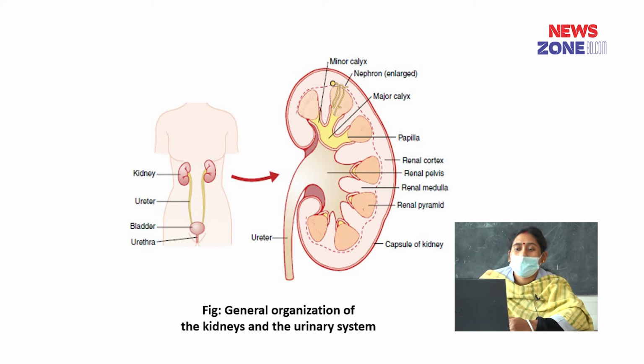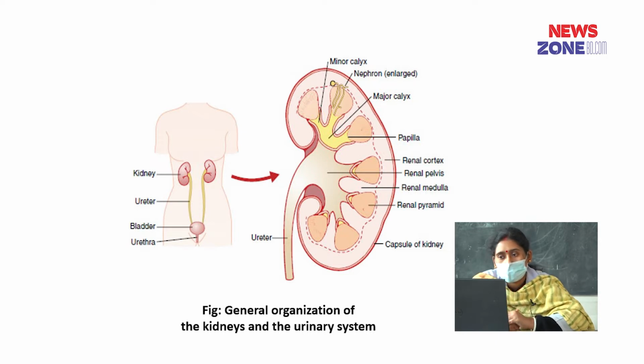This figure shows the kidney, and anatomically in the cross section the kidney has outer cortex and inner medulla, and medulla is composed of pyramids, and the apex of the renal pyramid is called the papilla, and papilla opens into the minor calyx.